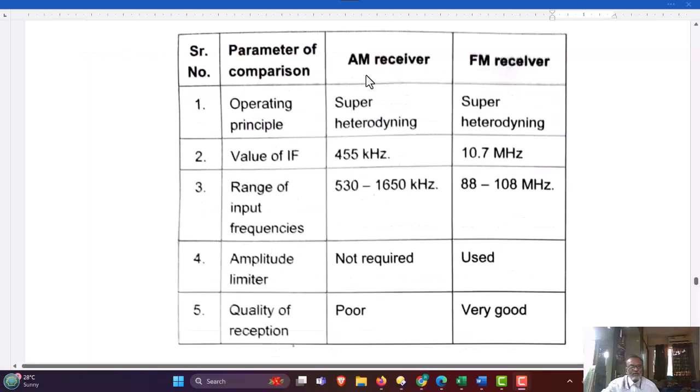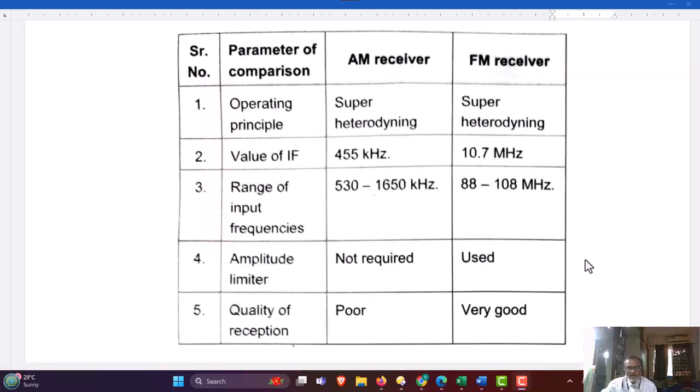Amplitude limiters are not required in AM receiver because the information is contained in amplitude variation itself. Whereas in FM receiver, limiters are used to eliminate the noise. Quality of reception is somewhat poor in AM receivers because it is affected by noise, which gives rise to amplitude variation and gets badly mixed up with the signal.